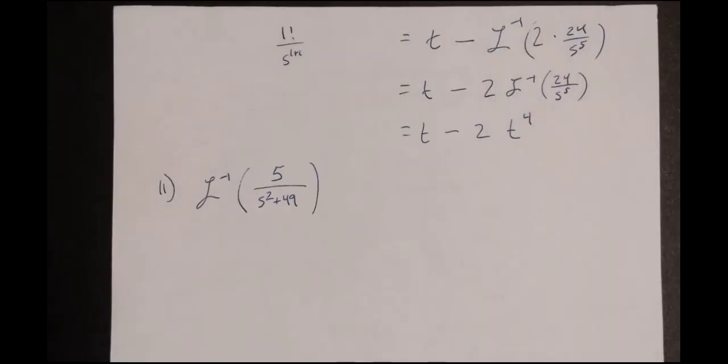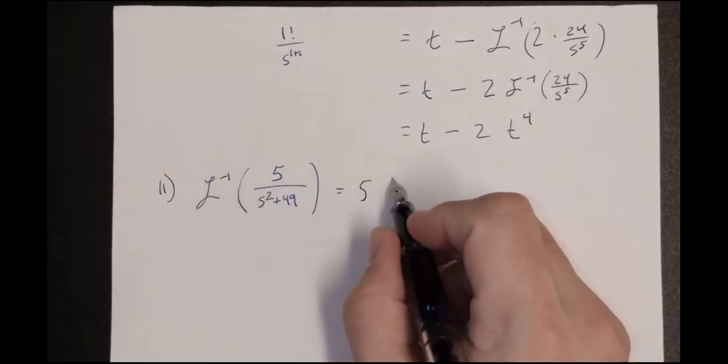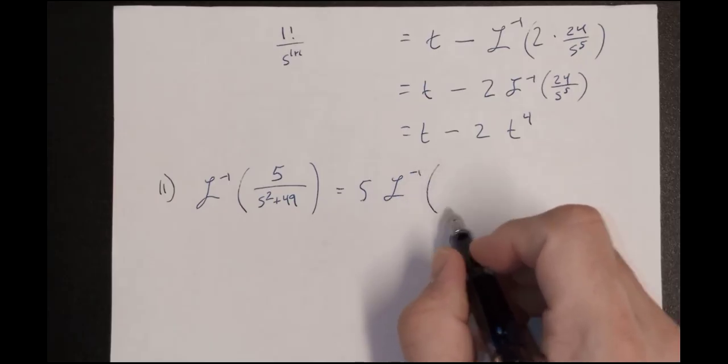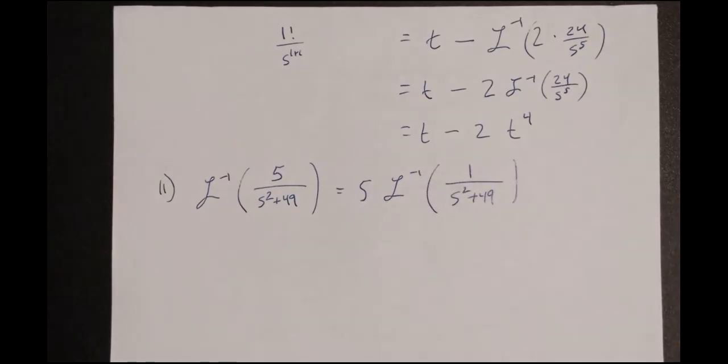So I say to myself, it would be ideal if that was a 7 on top. So what I'm going to do is I'm going to take the 5 out front. And now, just like I did with the 2 over 2, I'm going to put in the 7 I need, right?